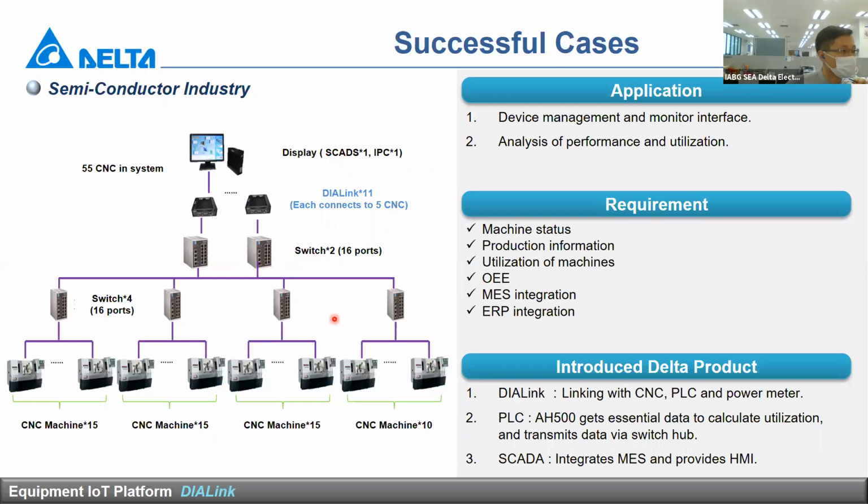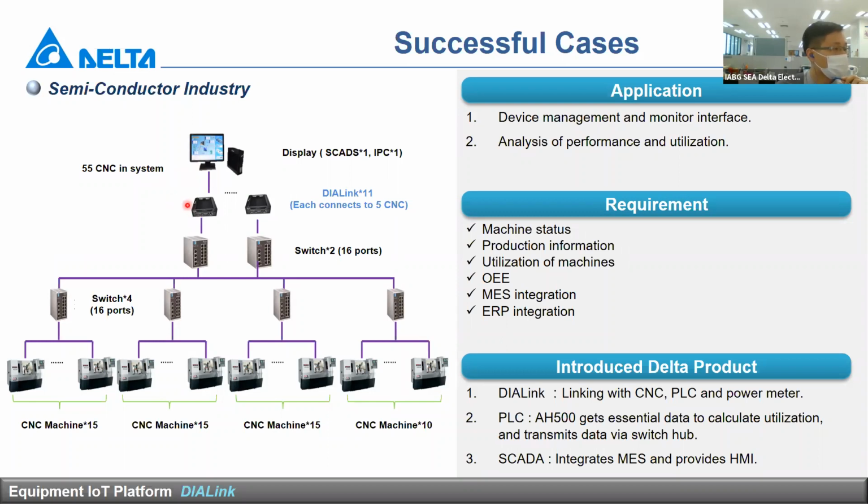Okay, and next one is IIoT solutions. For this one, we link to the CNC machines at the factory. It's around 50 sets of CNC, and then we build up the network and link to the DIALink, and finally we go to the SCADA to do the monitoring and some management.